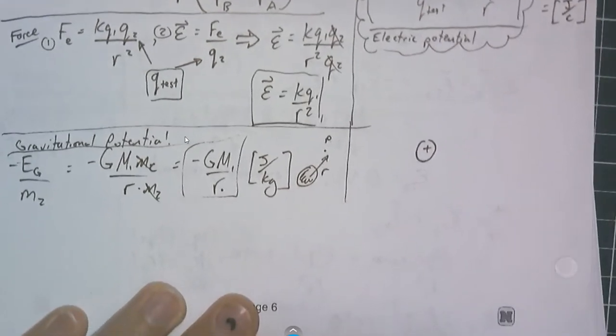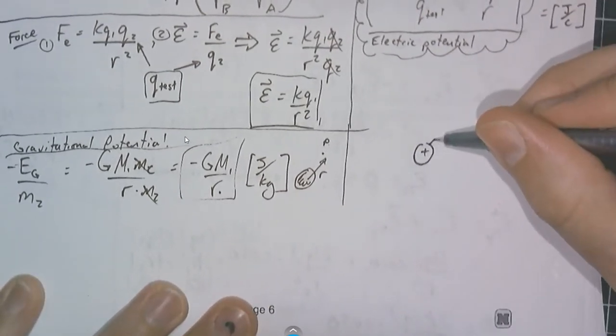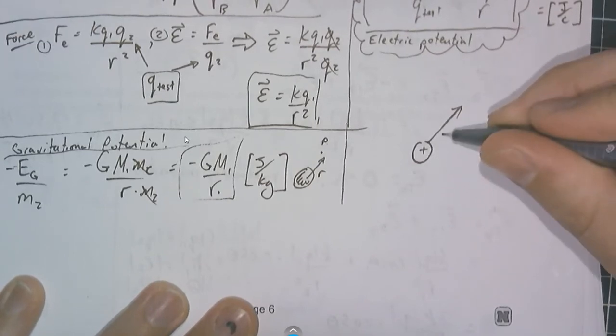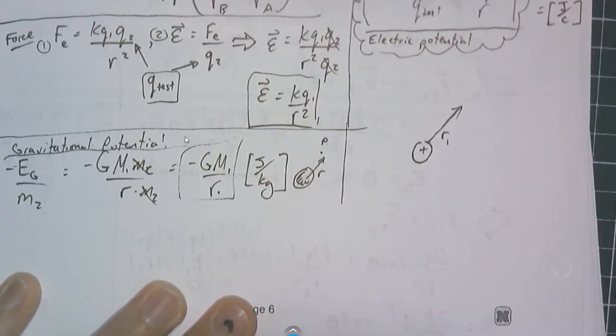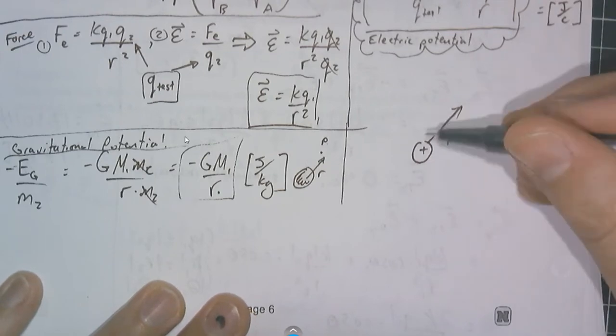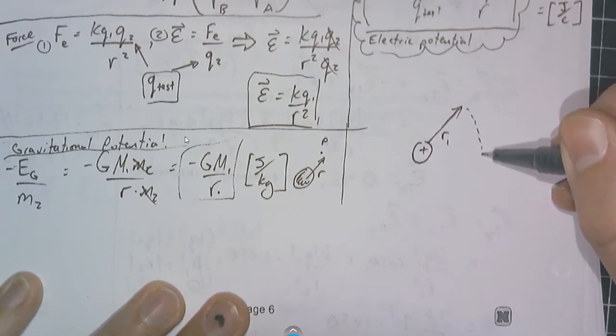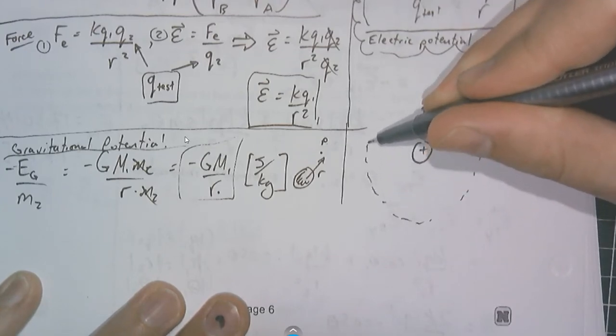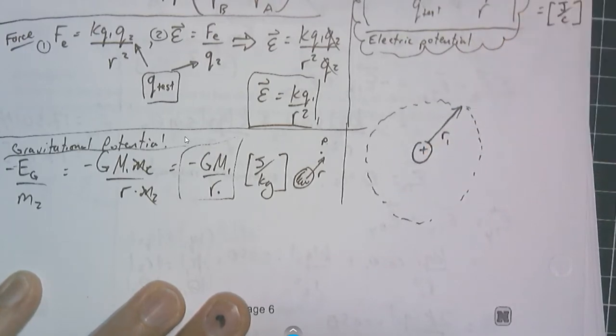If I have a proton and I go out a certain distance away from that proton, I'll call it R1. If I go out a certain distance away, R1, from that proton, then anything that is that distance away, I'm going to try and draw a good circle here, but you can criticize it later if you want to. Anything that's a distance R1 away from that proton is going to have the same electric potential, according to that definition, kQ1 over R, right?